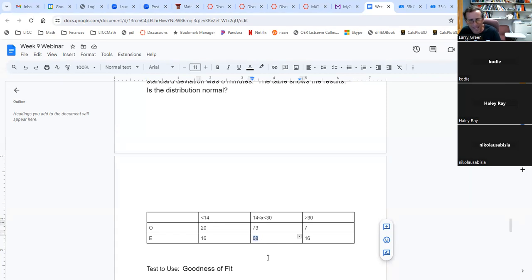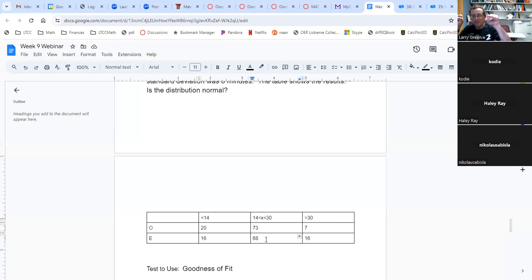All right, so what about the less than 14? If 68% are in the middle part, then there should be 100% minus 68%, which is 32, on the 2 outside parts, the left and the right.